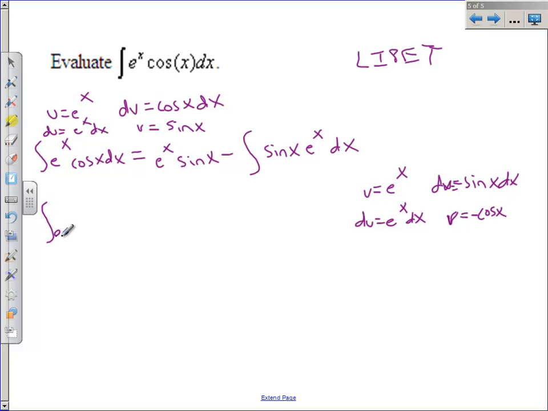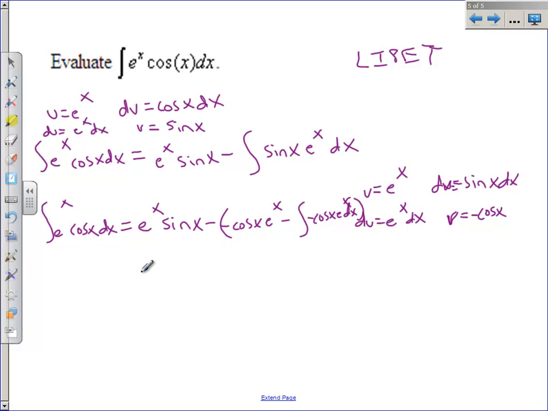The integral of e to the x cosine x dx equals e to the x sine x minus, I'm going to put parentheses here because I'm going to use my integration by parts formula. For this, the integral of sine x e to the x is uv, so I've got negative cosine x e to the x minus the integral of v du, negative cosine x e to the x dx. Sorry, that's getting so messy there.